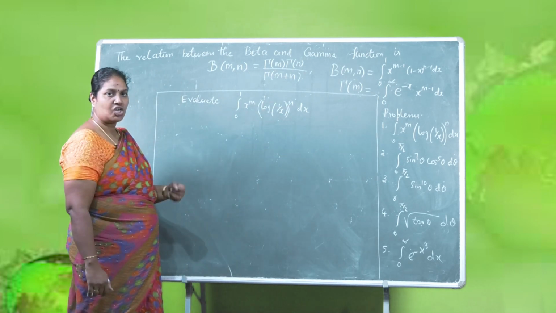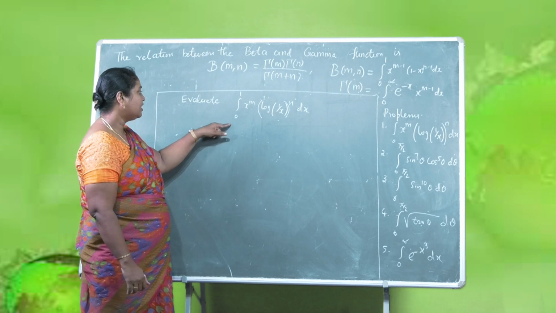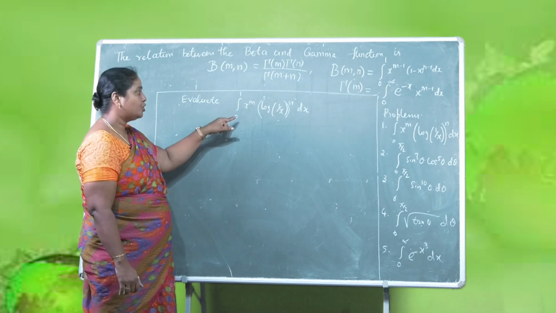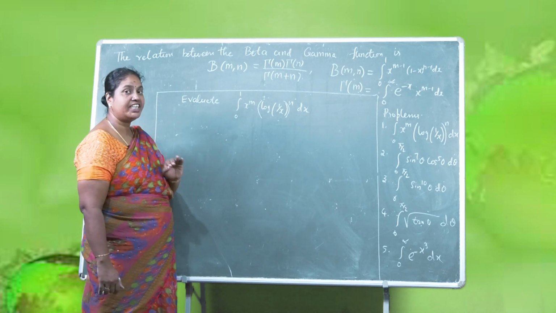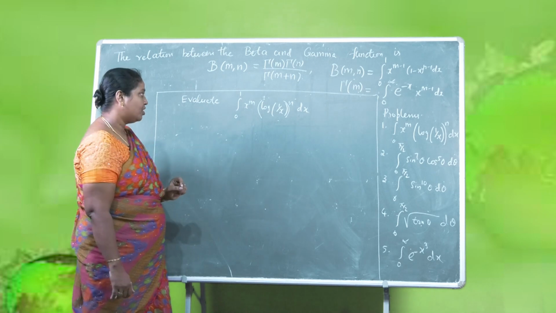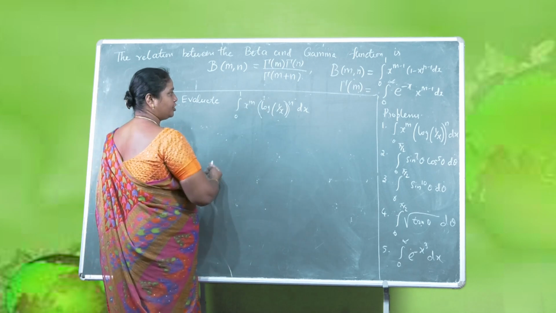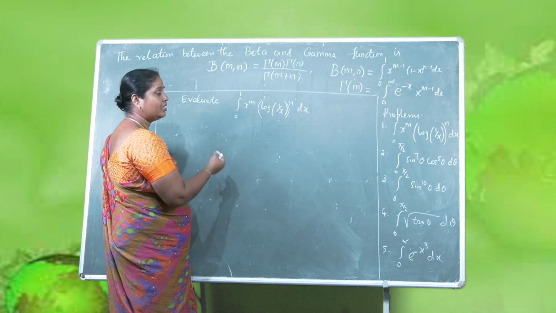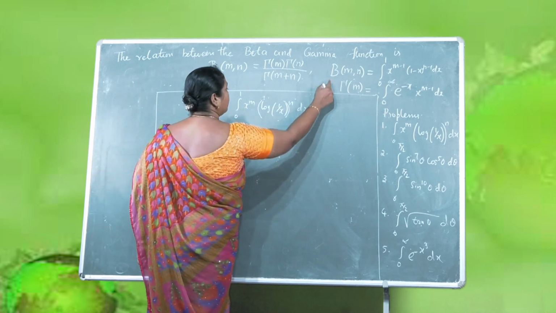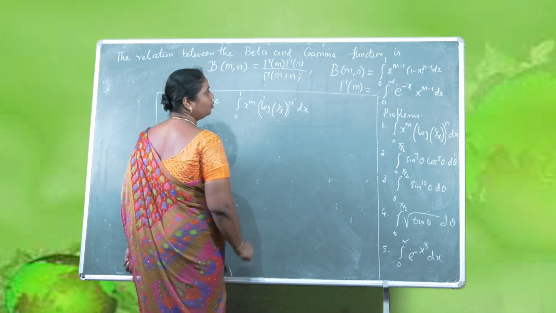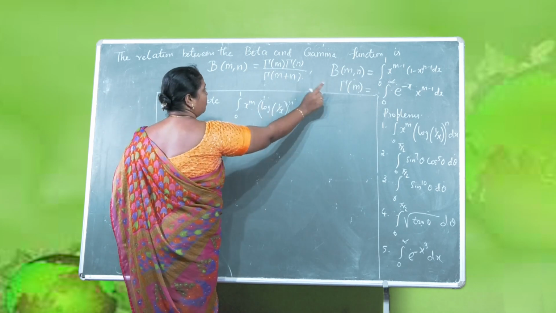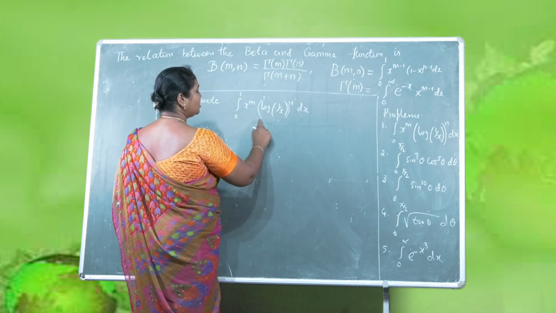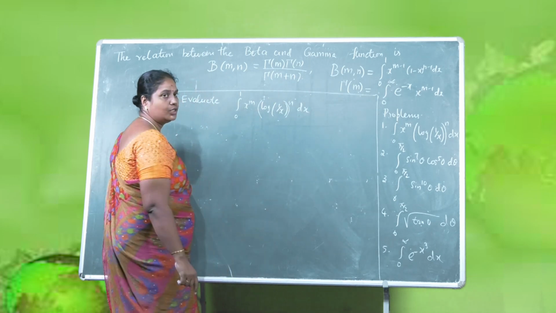Students may think that since the limit is 0 to 1, this may be a type of beta function, but it is not, because if we compare this integral with the beta function and gamma function, we can see that it is not in either of these two types.